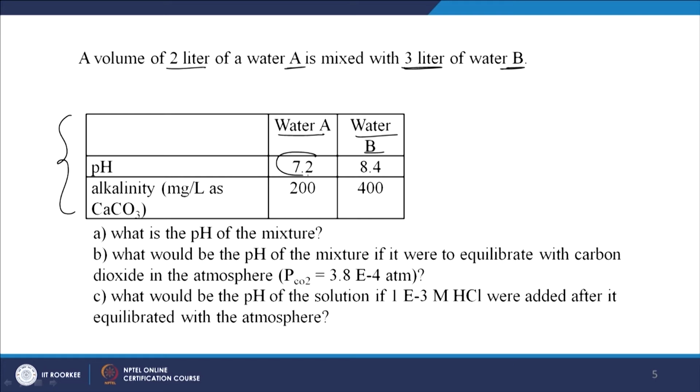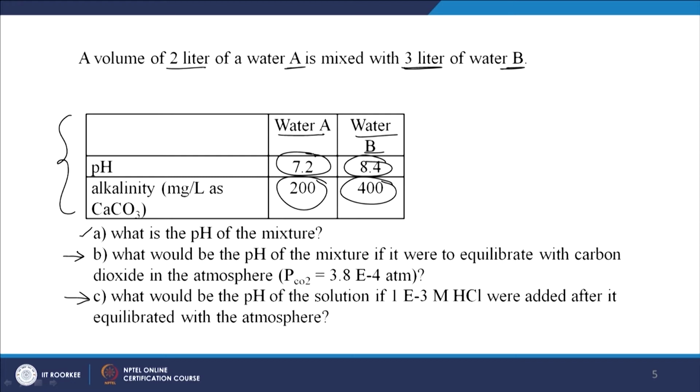For the first one the pH is 7.2 and alkalinity is 200 milligram per liter as CaCO3, and for water B it is pH 8.4 and 400 milligram per liter. The first question should be something that we can solve easily, and then there are a few more questions which might require a bit more understanding. So let us go through and try to solve this question.